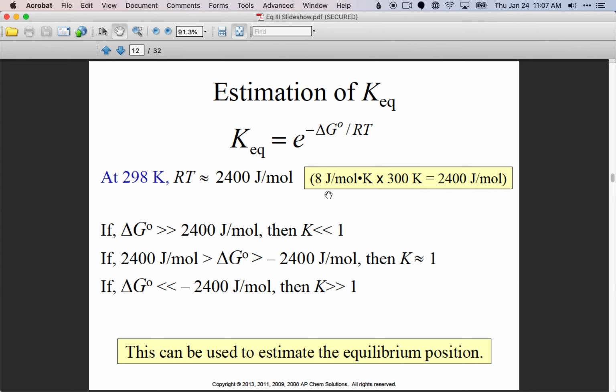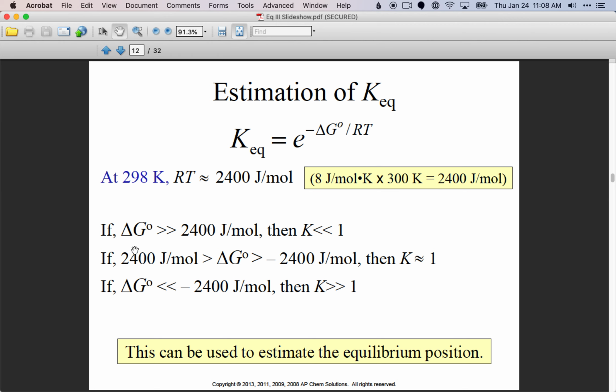Now, when we're looking at 2400 joules per mole, if we assume that delta G is significantly higher than 2400 joules per mole, we can assume that equilibrium constant should be significantly smaller than 1. So this would favor the reactants as opposed to the products.